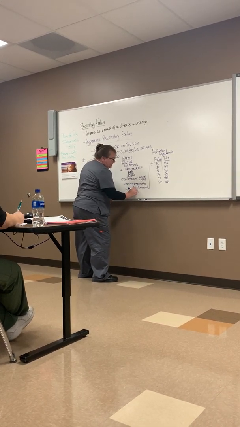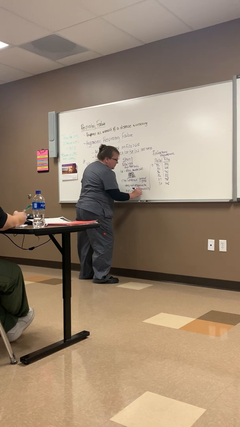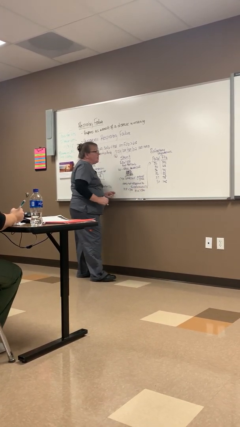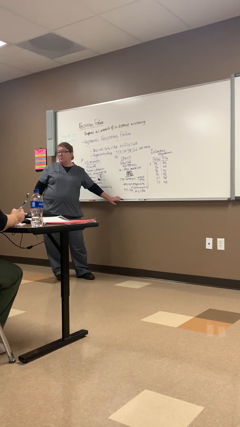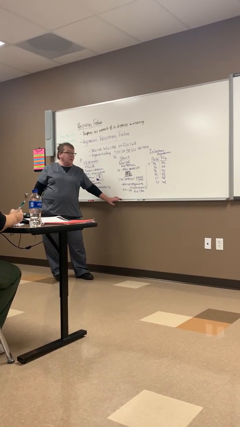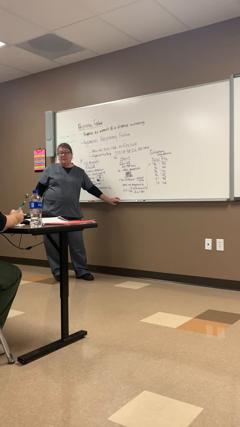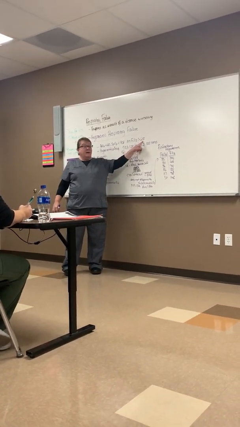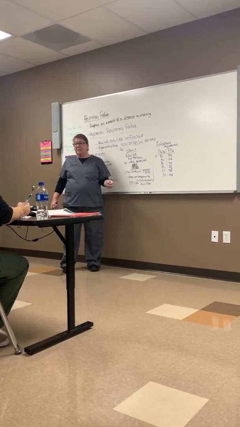And the AA gradients greater than 350. And remember, all of this is on the high FiO2s. So I'm not talking about someone with a P to F less than 300 on 2 liters. It's the patients that are on the high FiO2s, and those come into play.